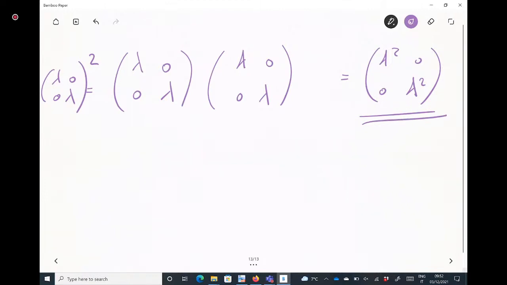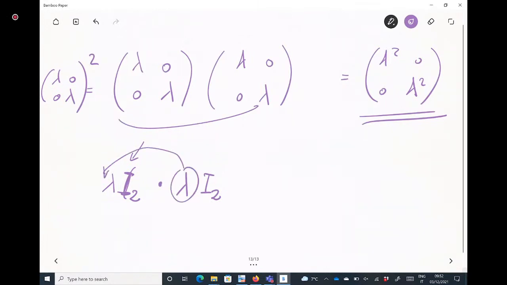So our rule tells us that the result is this one. By the way, the first factor is lambda times identity of order 2 times lambda times identity of order 2. But these are scalars. We can just multiply one scalar by the other first, and then take the square of the identity of order 2, which is again the identity of order 2. And this is precisely this one.